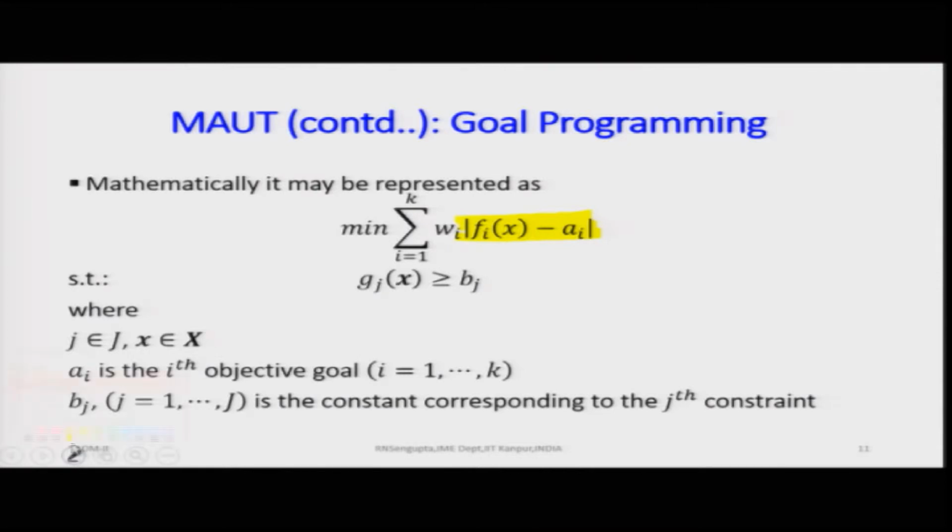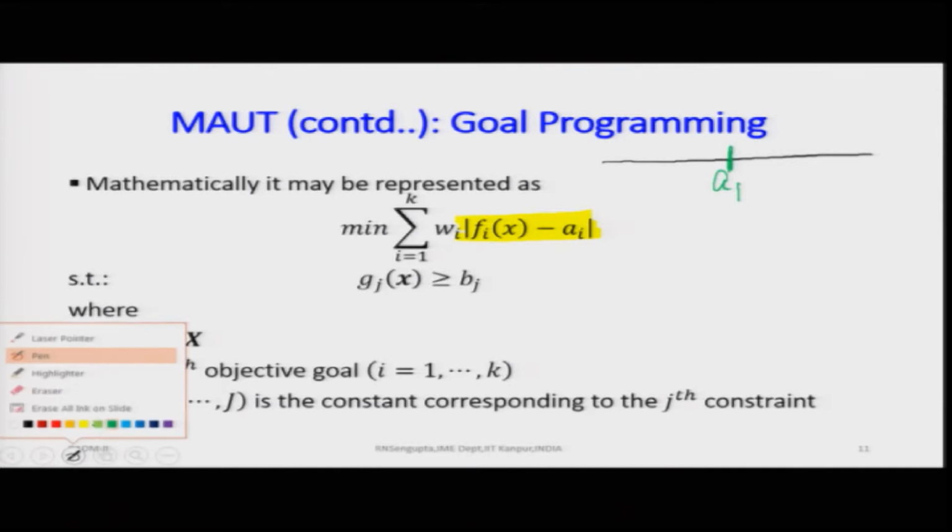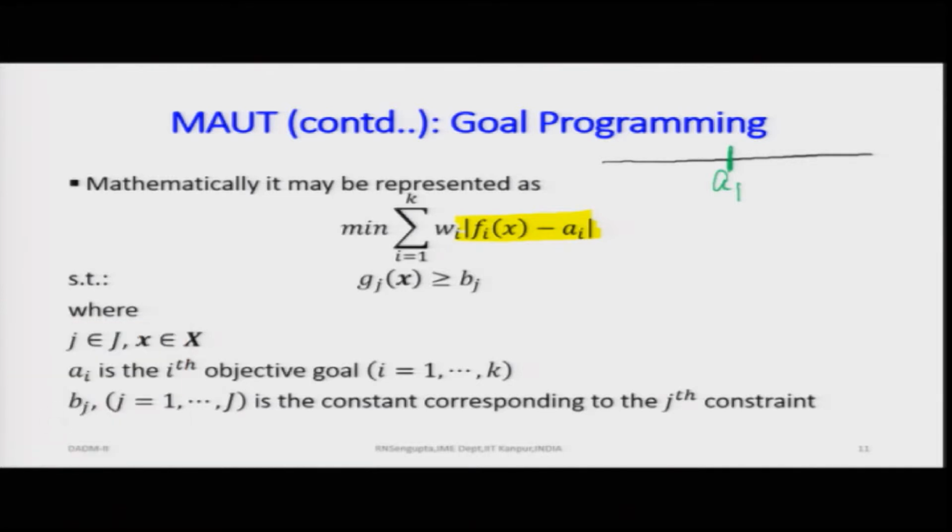So, consider that the actual value obtained, let me use the black line, this is the a1 value, and there are some perturbations based on the fact that f1 can be between a1 plus delta and a1 minus delta.